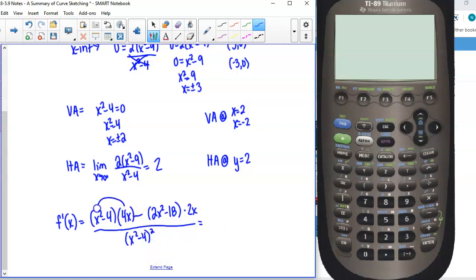And so if we distribute here, we get 4x to the third minus 16x, minus, we'll distribute that 2x, 4x to the third plus 36x, all over x squared minus 4 squared.